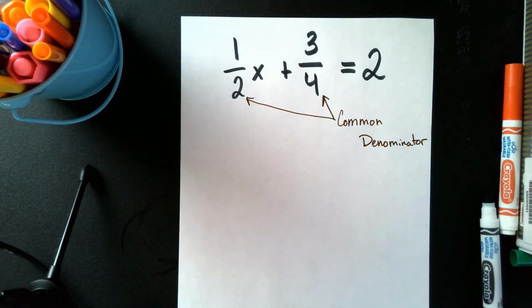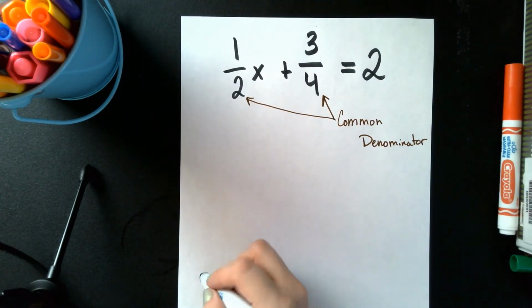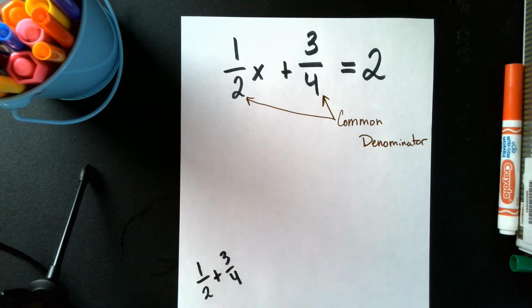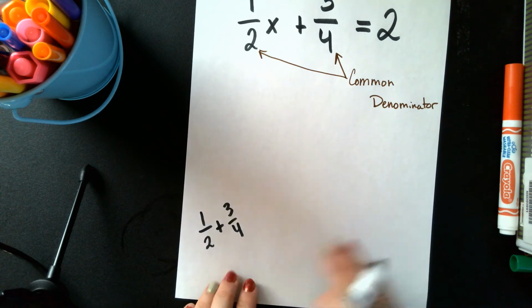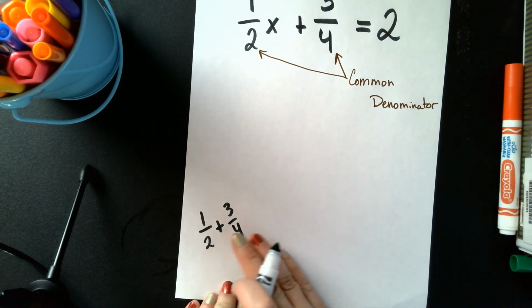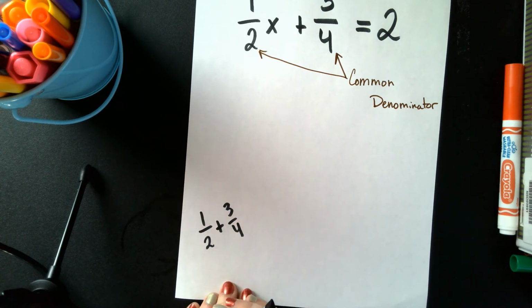So if, let's say, you have to add 1/2 and 3/4. Right? When you were in elementary school, this would mean that you'd have to find a common denominator between 2 and 4. So what's their common denominator?